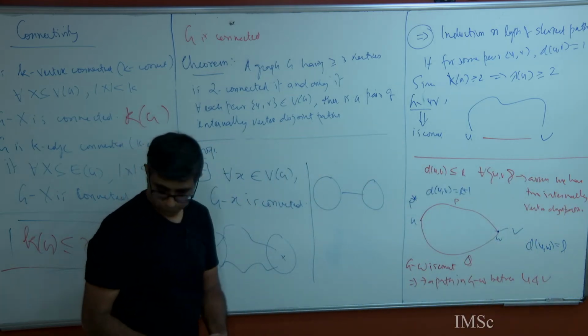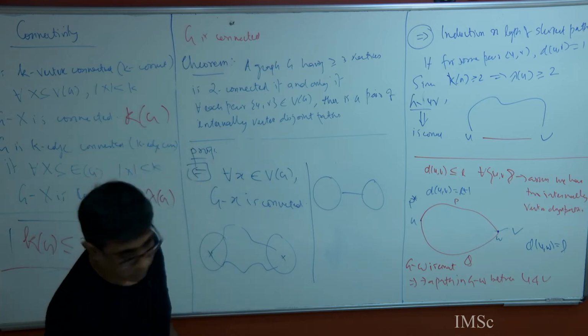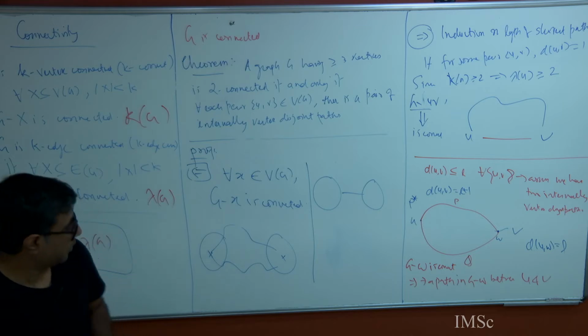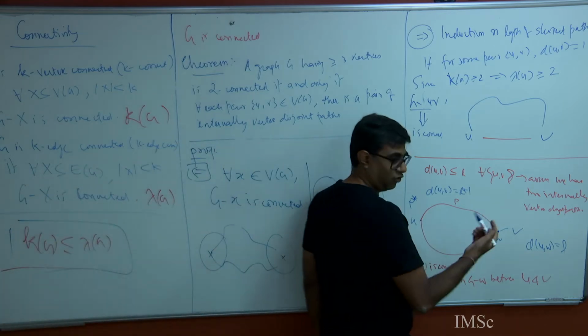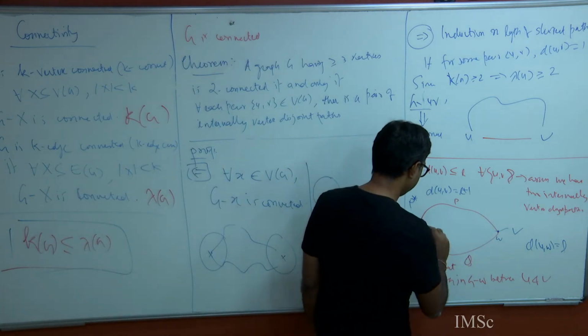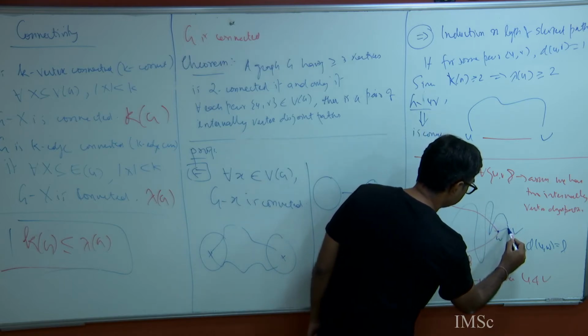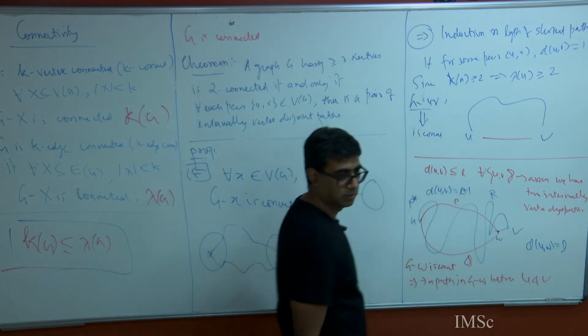Is the proof looking okay to you now? Okay, so let's draw that path. Let's call that path R. So that path, this is my R.